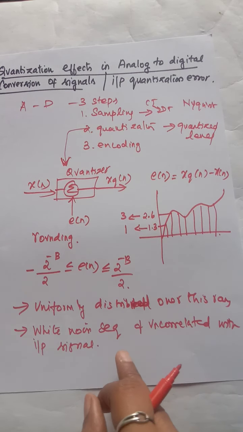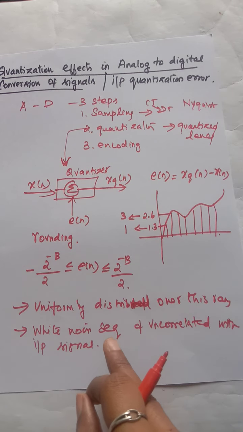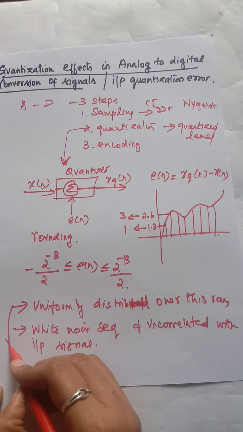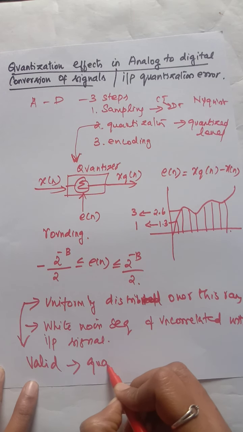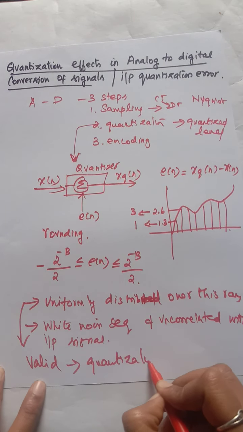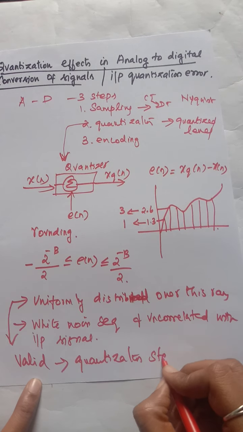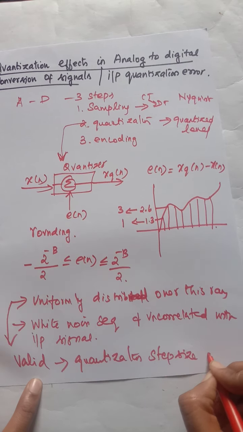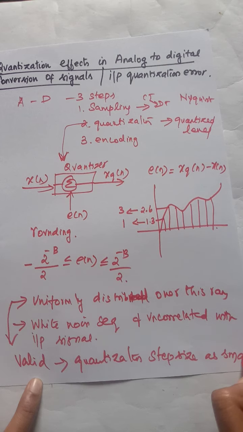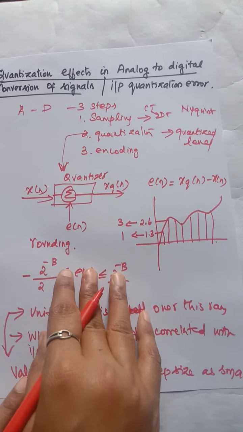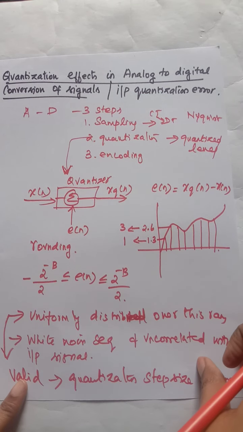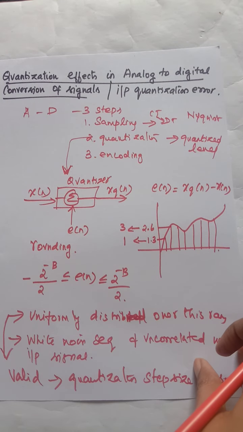These assumptions are valid if the quantization step size is small. So this will be valid when we have this quantization step size as small. Okay, so the signal x of n traverses several quantization levels between two successive samples.